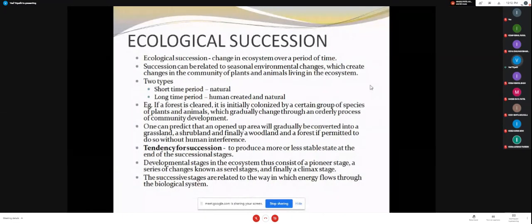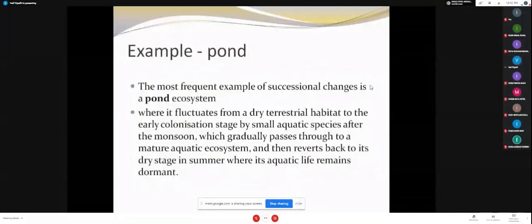Okay, so succession means change in any ecosystem over a period of time. So I think we took the example of the pond ecosystem, where it fluctuates from a dry terrestrial habitat to early colonization by small aquatic species after the monsoon.